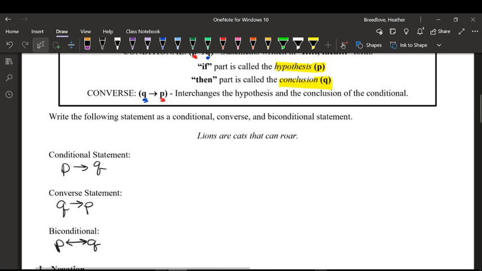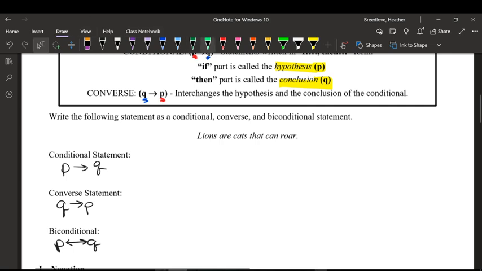So if you map it out first in P's and Q's over here, once you start assigning the P's and Q's to the sentence, it's a lot less for your brain to have to do at once, so it's easier. So I would suggest you doing that as well whenever you work through these.